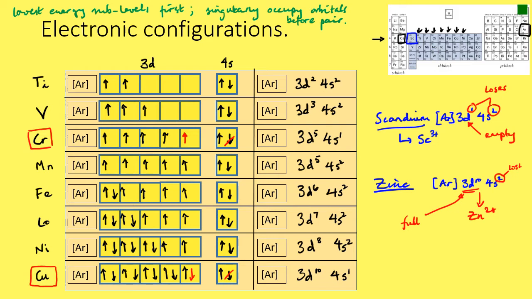So lowest energy sublevels first, as we're adding more electrons to an atom.